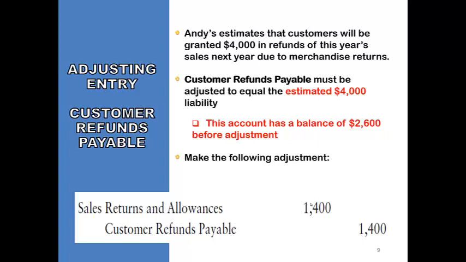So with this adjustment, look at the current balance. You may be given a trial balance, and you'll have to look for the balance, and you'll either have to increase the balance or decrease the balance based on the current estimate. So in this case, we increased it and we had to credit customer refunds payable. If we wanted to decrease it, we would debit customer refunds payable.